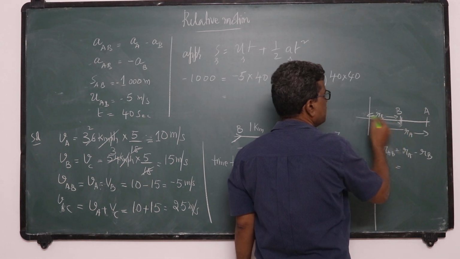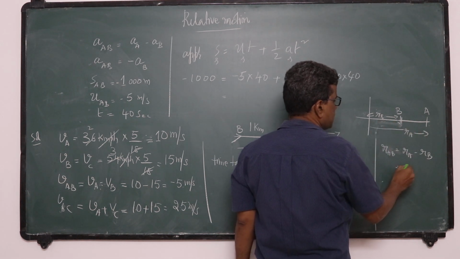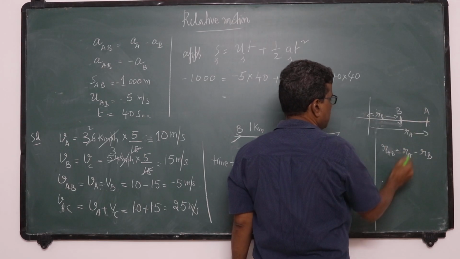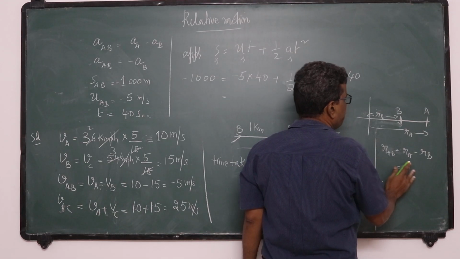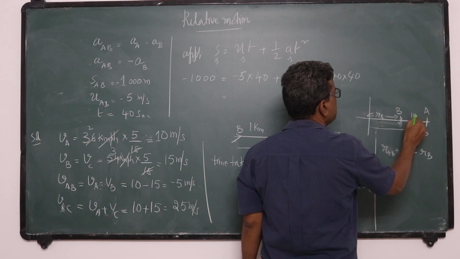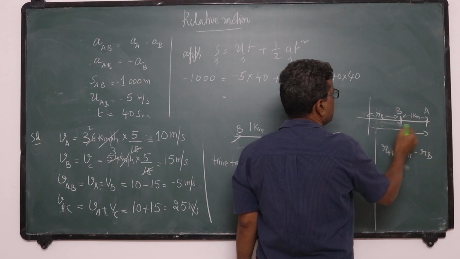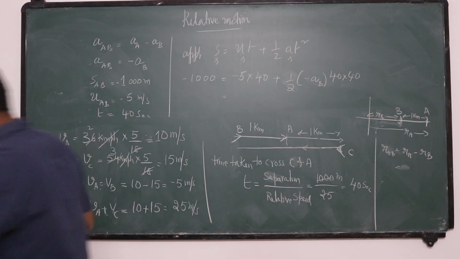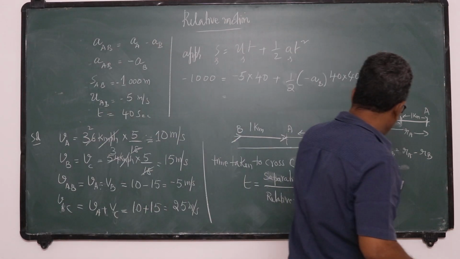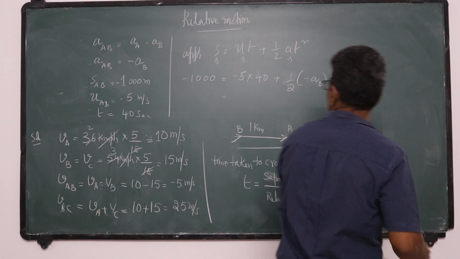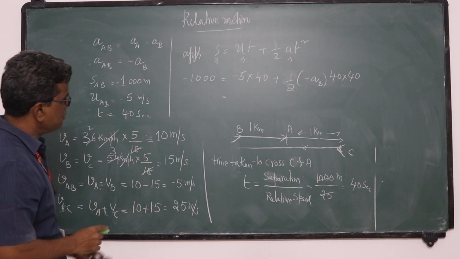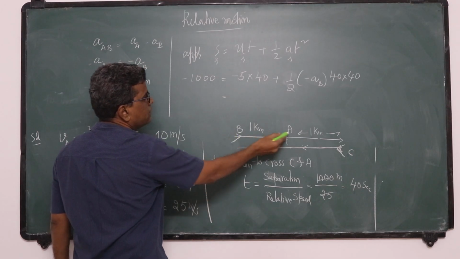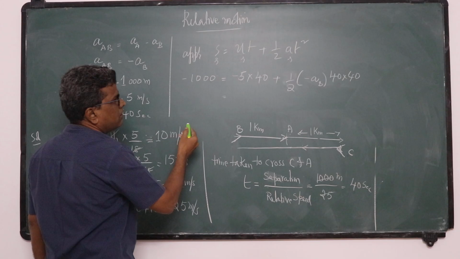This is higher than this. What is this distance? It is 1 kilometer. So 1 plus this minus this gives the position of A with respect to B. This minus means B is behind A.